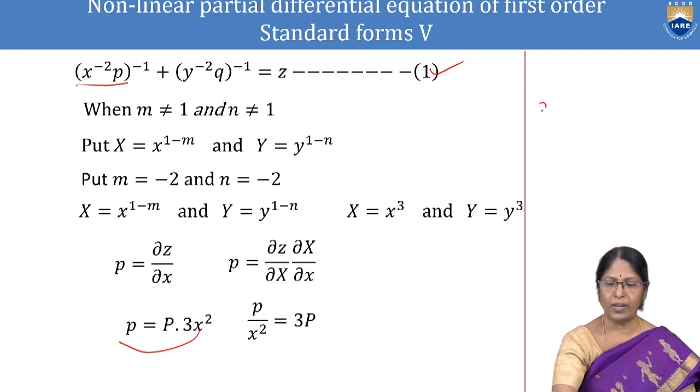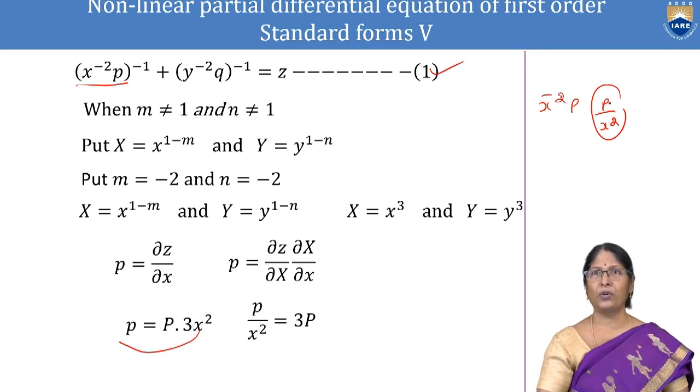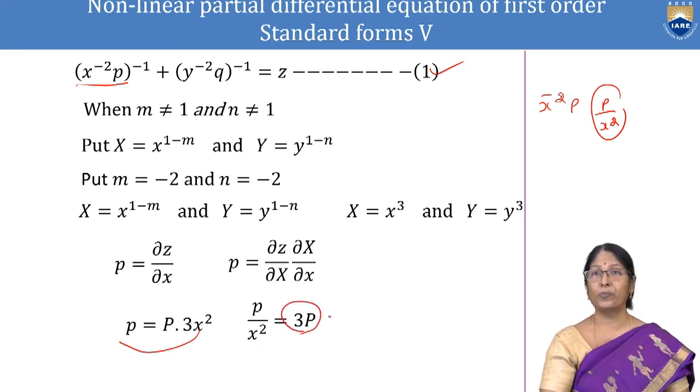It's nothing but p by x square, which gives us an idea: if p by x square is there, in that place we can substitute 3P. So the ideas are very important.